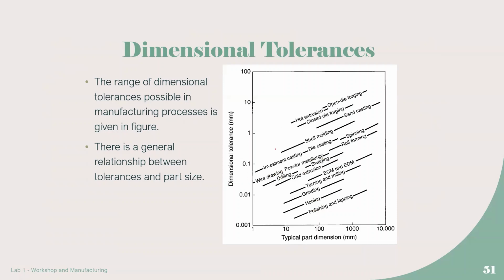Let's say you're using die casting, and let's say your part dimension is 100 millimeters. Okay, then your tolerance is going to be probably somewhere here. And let's say your part dimension is here, then your tolerance when you're using this manufacturing process will be probably here. Okay? This is a table for it.